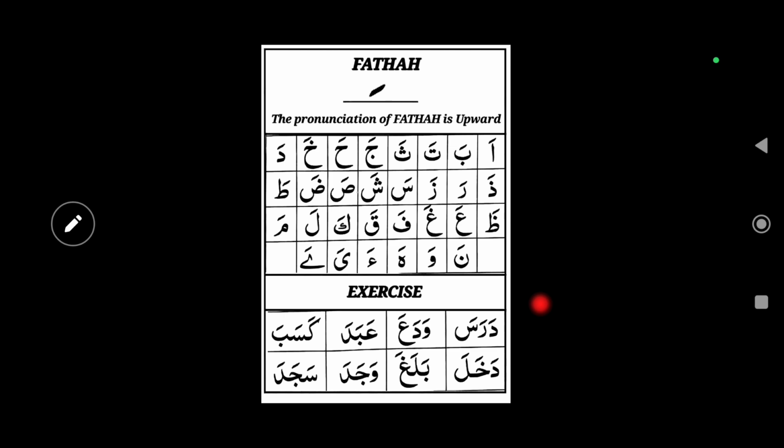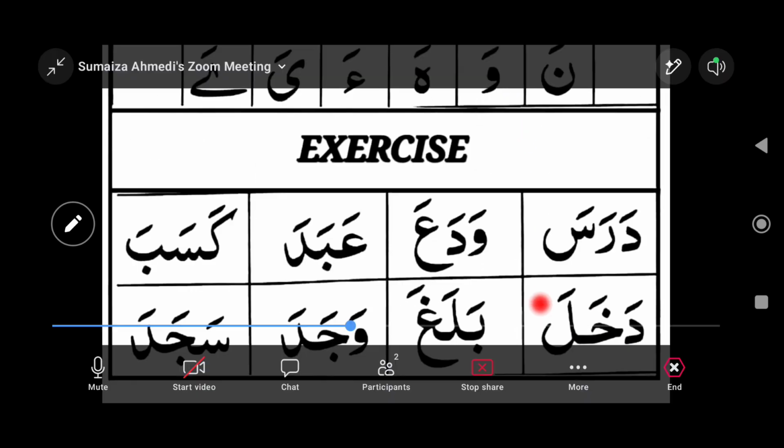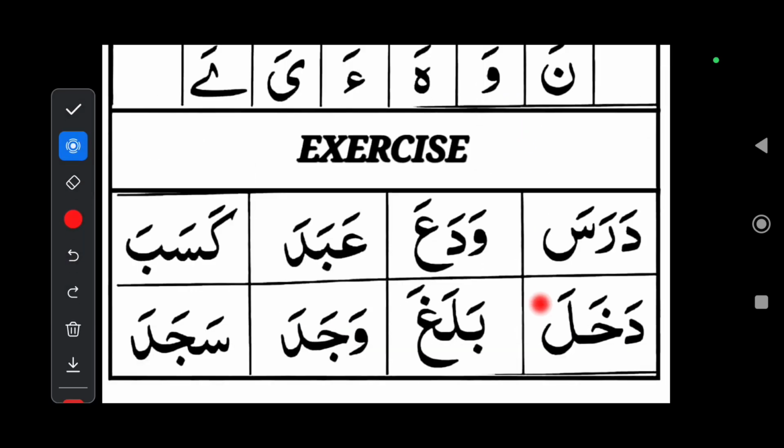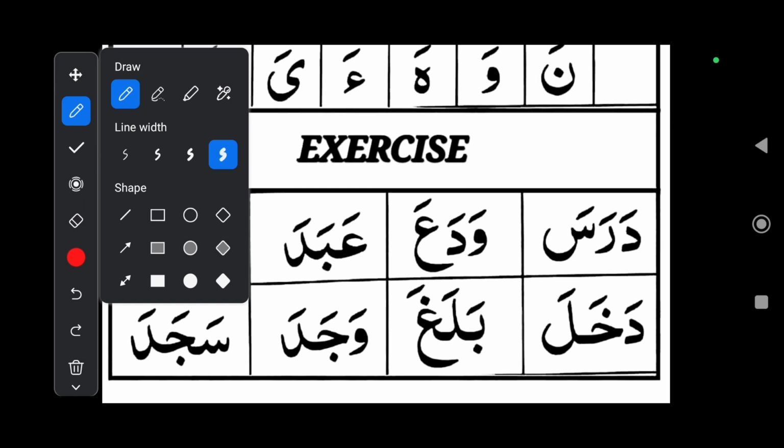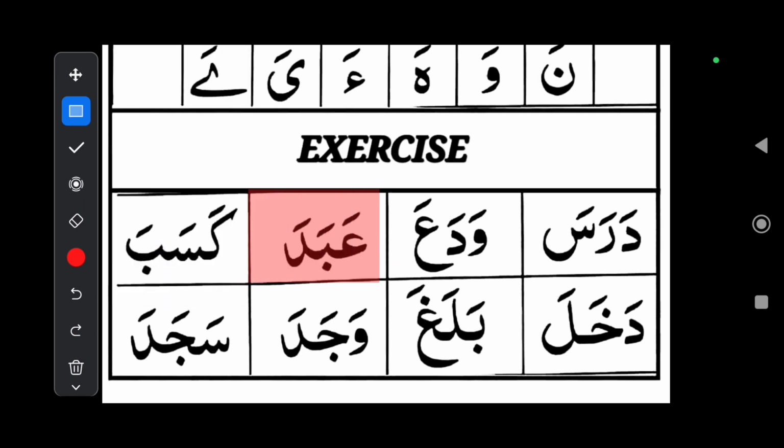Now let's see. I will be highlighting a few words and you have to recite them. Say these two. Ain zabar a, ba zabar ba, dal zabar da. What is the rule?